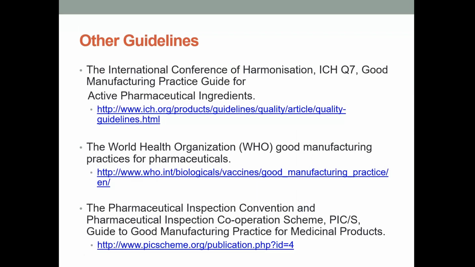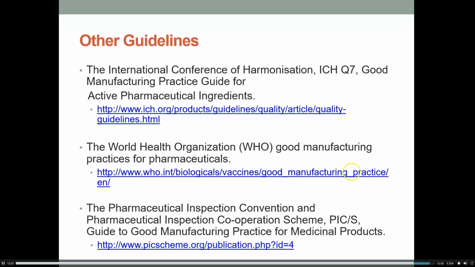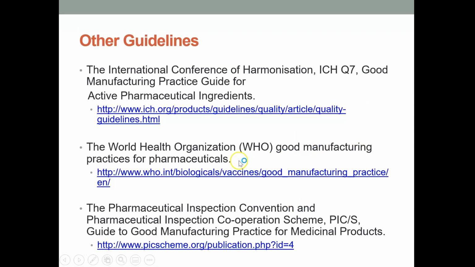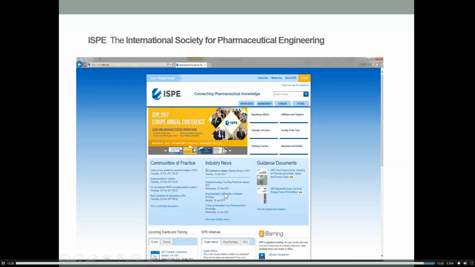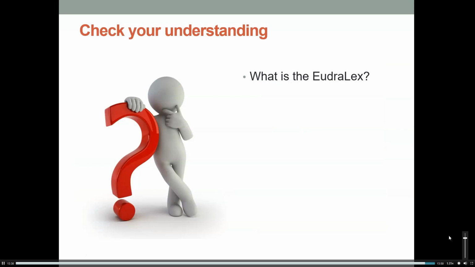Other guidelines you might have come across and you might hear about: the ICH Q7, which we've already talked about. The World Health Organization will have some good manufacturing practices for pharmaceuticals also, and sometimes you'll hear of the PICS, the Pharmaceutical Inspection Convention and Pharmaceutical Inspection Cooperation Scheme, the PICS guidelines, so it's worth again to have a quick look at those. And this is what their website looks like.